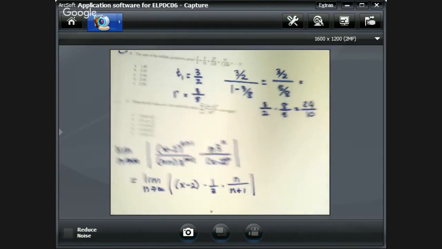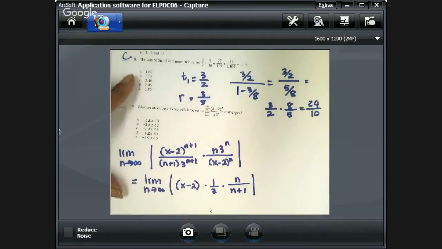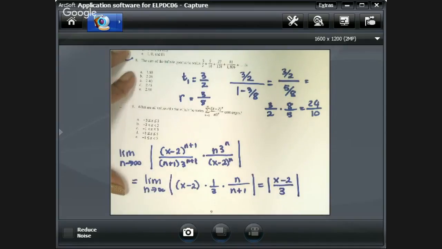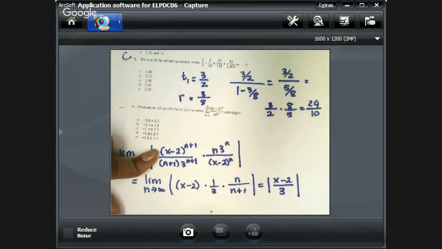The limit as n goes to infinity of that denominator is 1, of this last term is 1. So I'd be left with the absolute value of x minus 2 over 3. Now, in order for this series to converge, I know that the absolute value of x minus 2 over 3 must be less than 1.